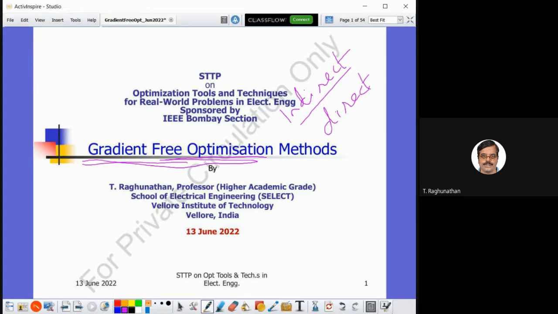We are not attempting to cover all of them, but the two most popular categories being gradient based and gradient free methods, we are just trying to scratch the surface and understand something out of this.